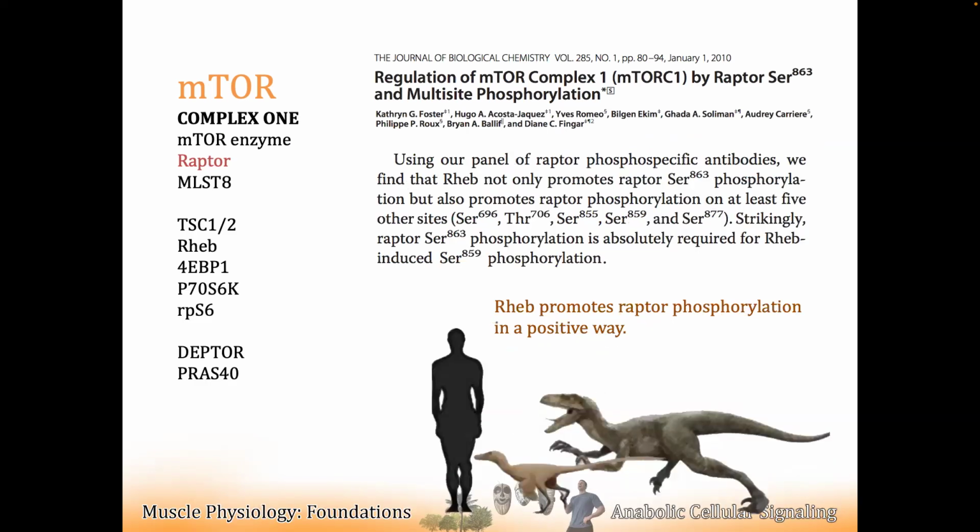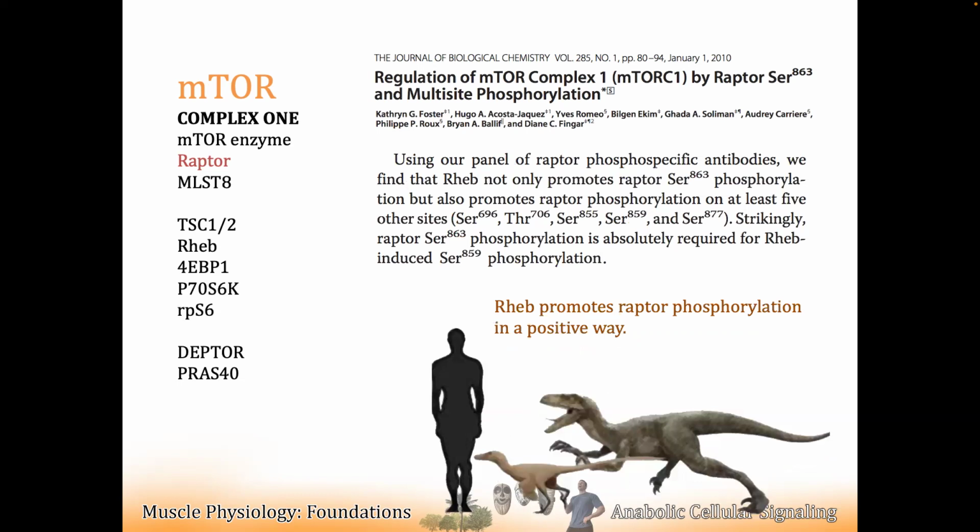Okay, so back to mTOR's Raptor. The directly upstream activator of mTOR is RHEB, R-H-E-B. And that has more diverse functions, including promoting Raptor, but we'll stay focused on its primary one, which is about the activation of mTOR, which we'll talk about soon.